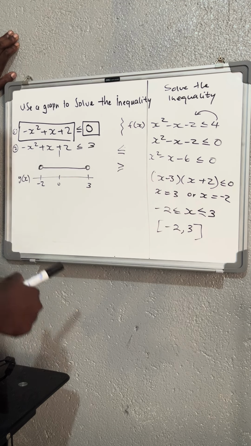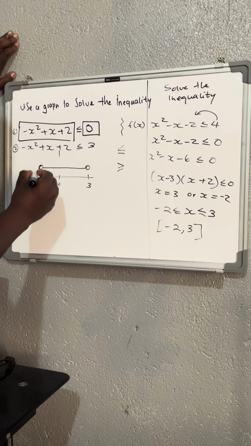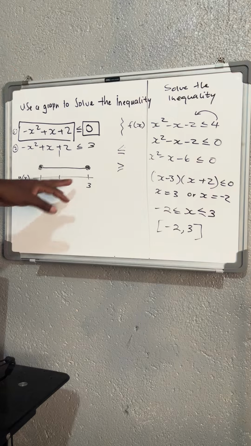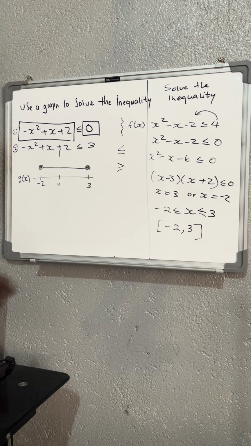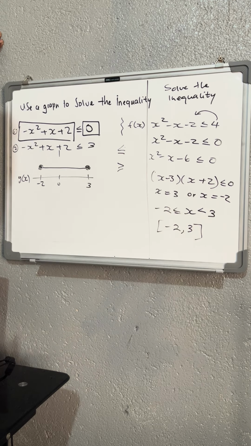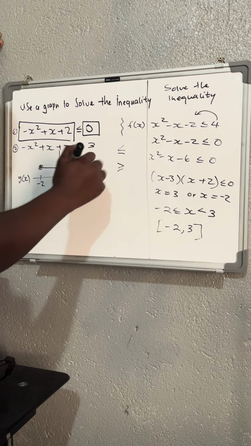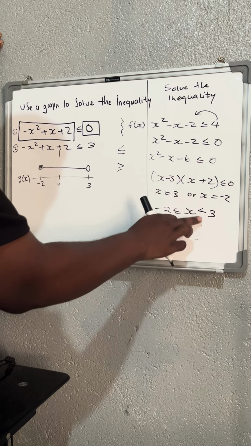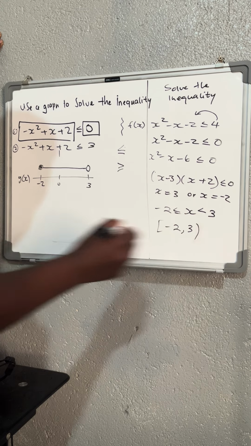I will just explain it again: you're including everything, including -2 up to 3, and the 3 is also included itself. So you're going to have something that looks like this. But in an instance where we had something that looks like this, this one wasn't going to be shaded, it was going to be like this, and here it was going to be like that.